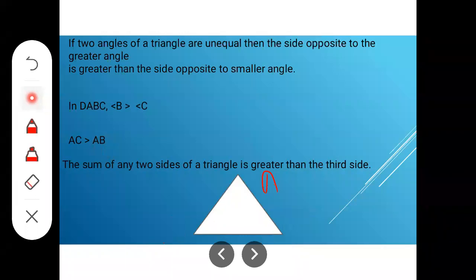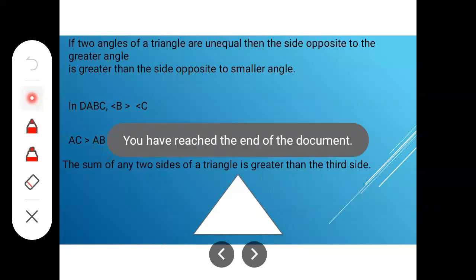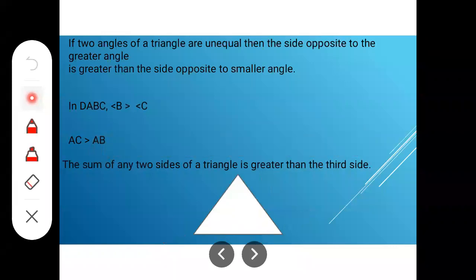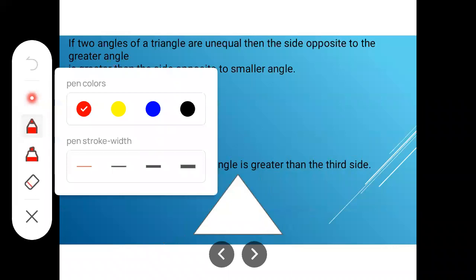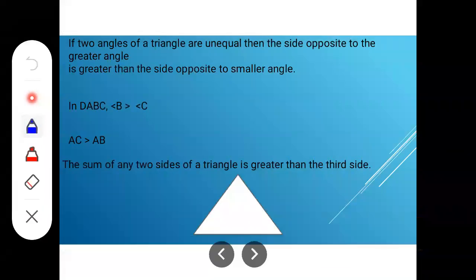Now, one more here. The last point. Very easy, that one also. See the statement: the sum of any two sides. If I again mention the labels for the given triangle, suppose the triangle is again ABC.